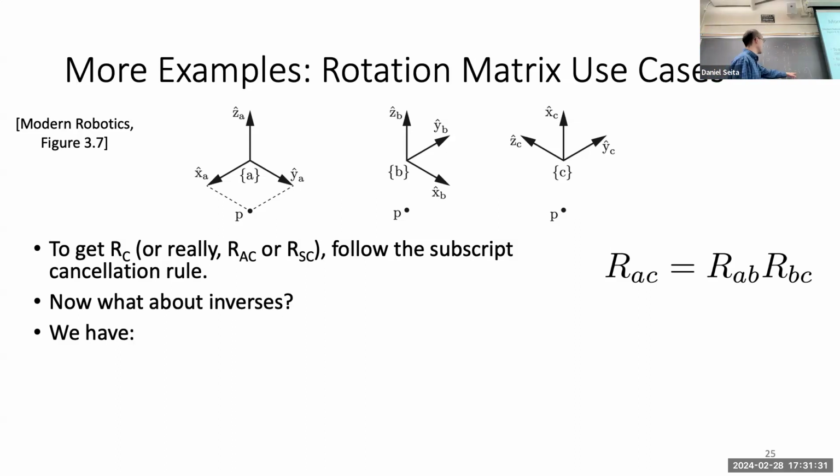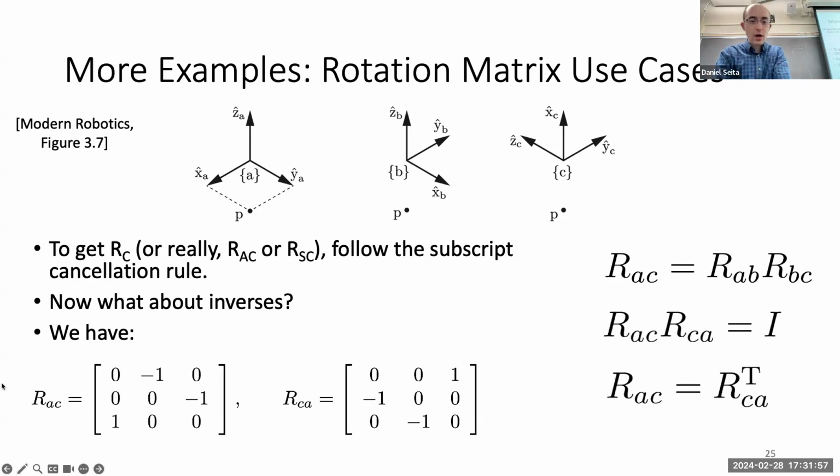Which is actually interesting, because if you remember the formula for the axis rotation, you have something like this, and then you transpose it, and the negative sign on the sine will flip. So what happened there, if you have R_AC, to find the inverse we can also write that with respect to the subscript by changing the ordering.